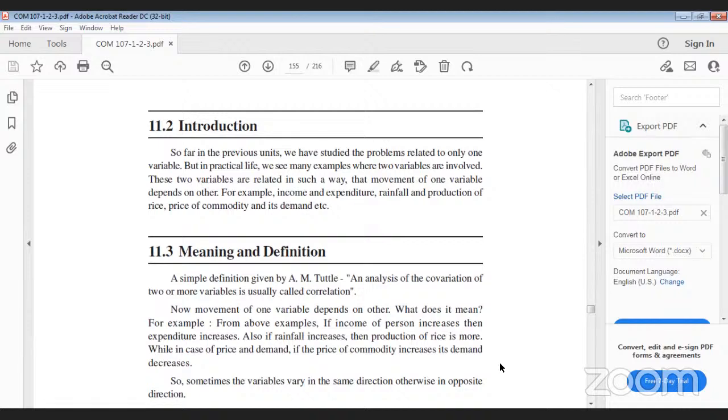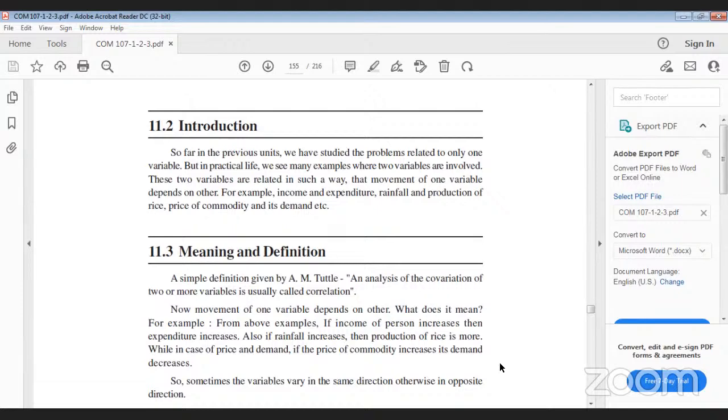Now, the movement of one variable depends on the other. What does it mean? For example, from the above examples, if the income of a person increases, then the expenditure also increases. Also, if the rainfall increases, the production of rice is more.